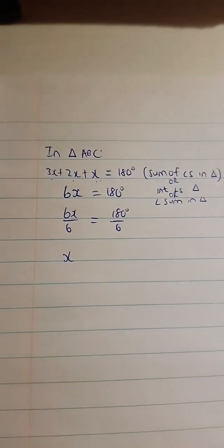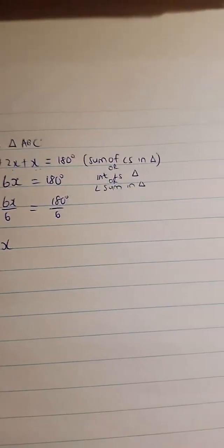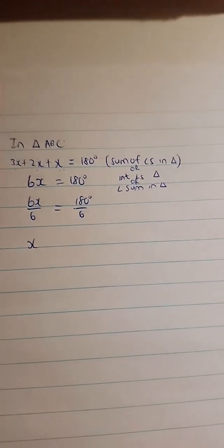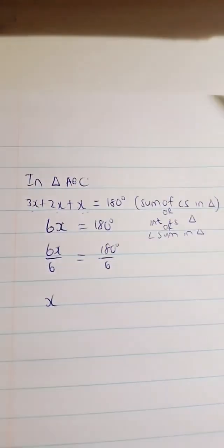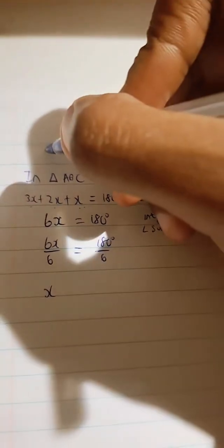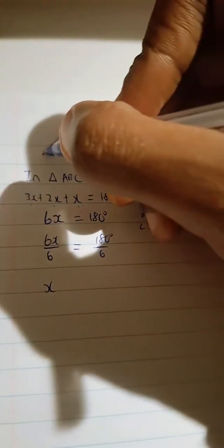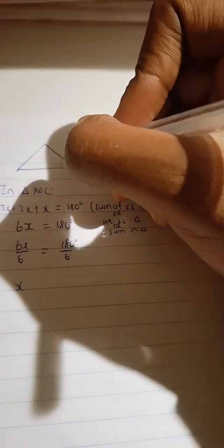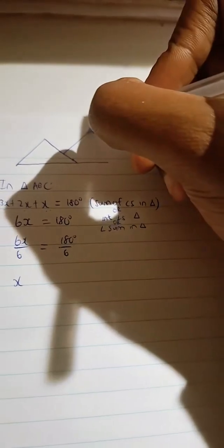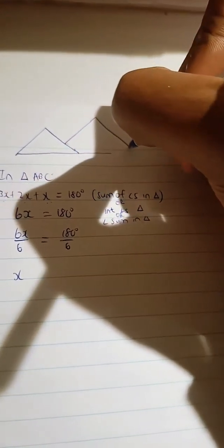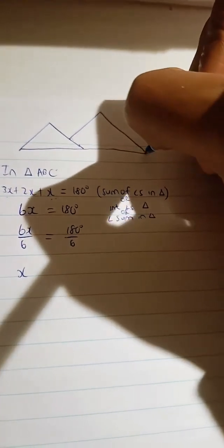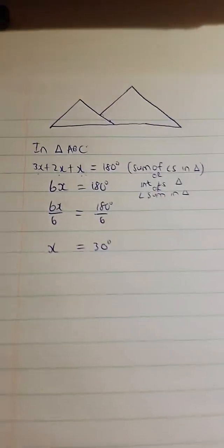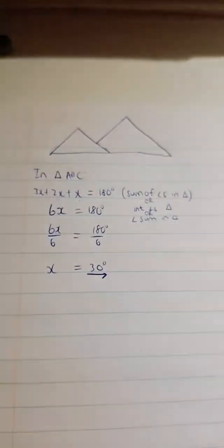What is 180 divided by 6? 180 divided by 6 is, okay, it's 30 degrees, so that we don't waste time.